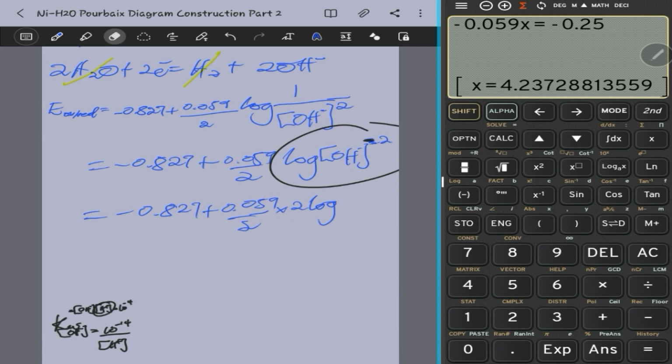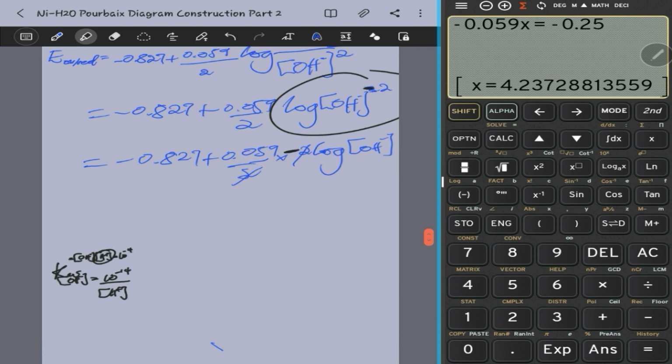So we get times minus 2 log concentration of OH minus. So this is what we have, and then we know this takes care of this, but the minus is still there. Let's make it clear. This minus is still there. Okay, so now we substitute the OH for what we did.